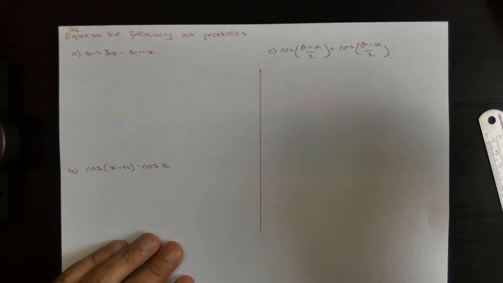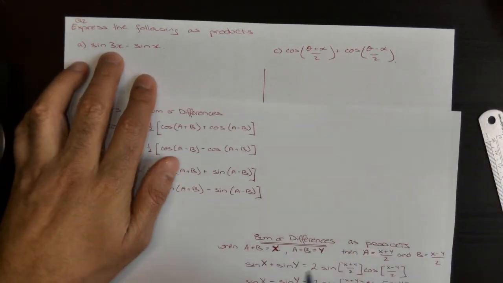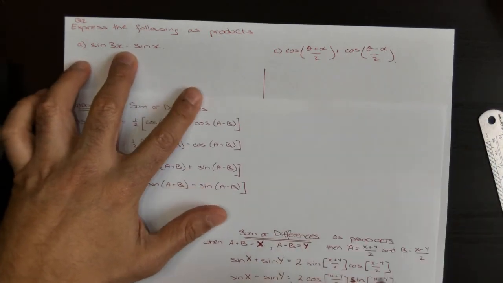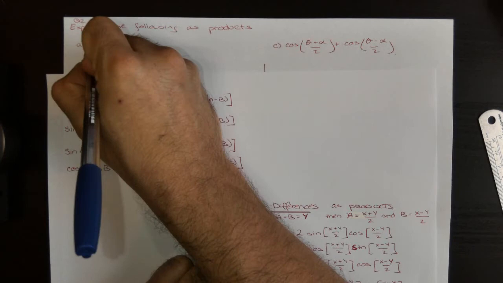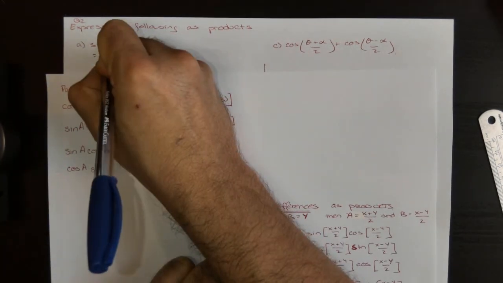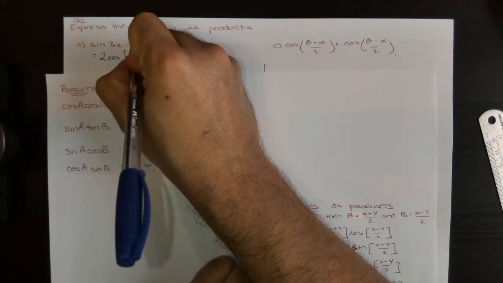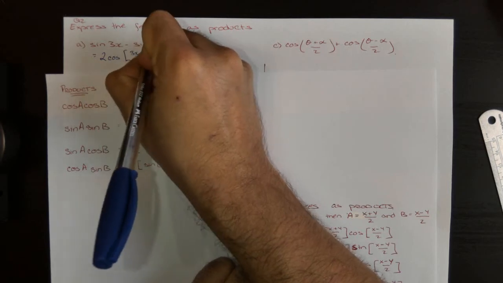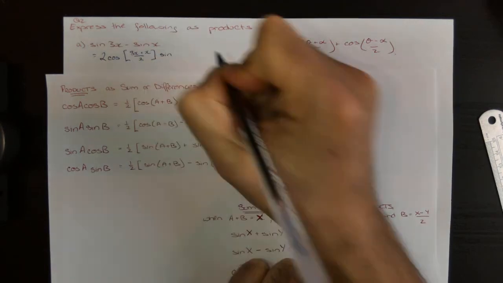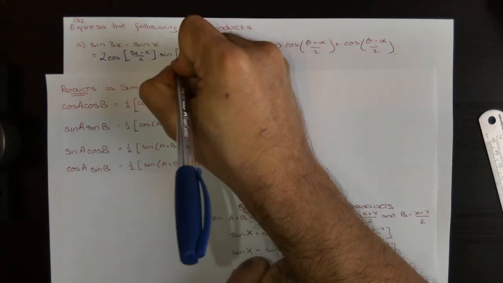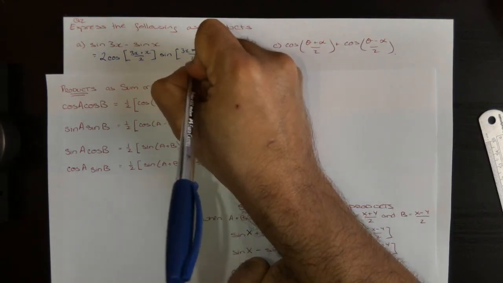We will express the following as products. Okay, so we get 3x and x. Okay, so we've got minusing, so we get really 2 cos of (x plus y), so 3x plus x divided by 2, multiplied by sine of 3x minus x over 2.